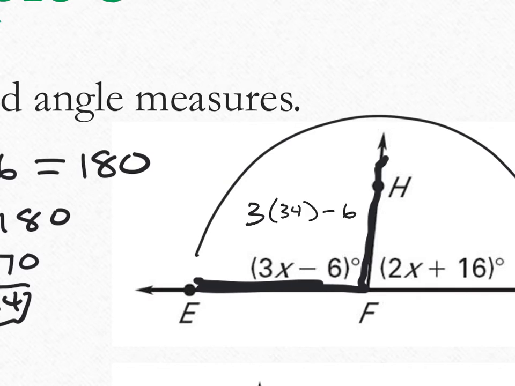Somebody help me out with that. What's 3 times 34? 102 minus 6 is 96. That's a 96 degree angle.